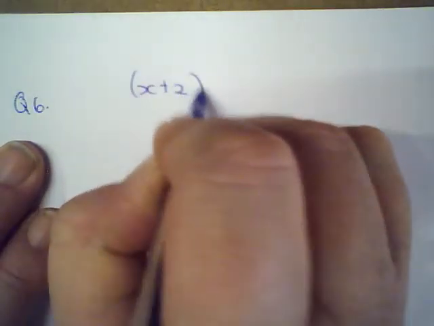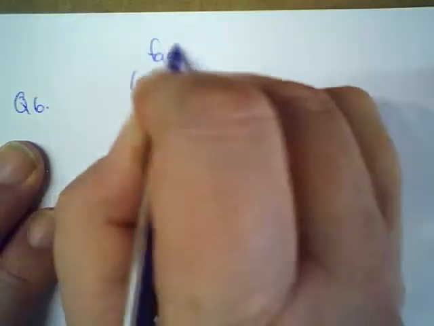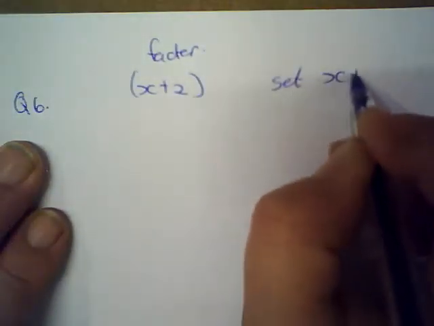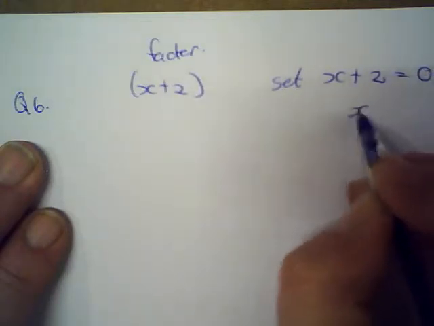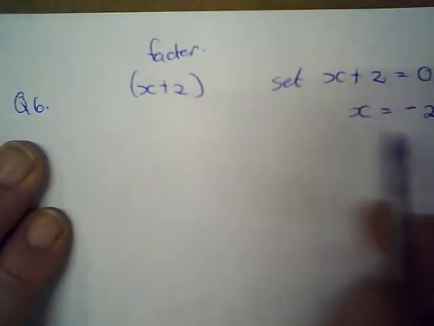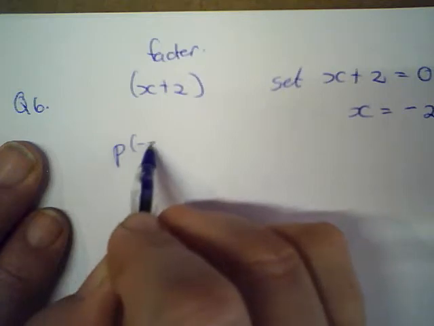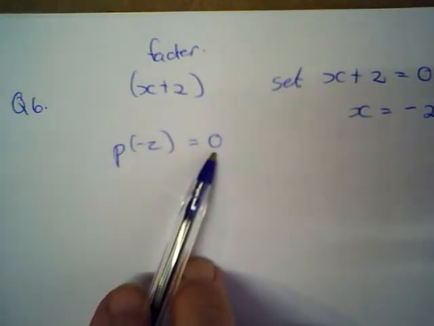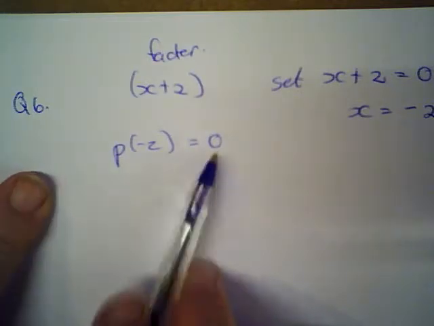So we know that x plus 2 is a factor. I set x plus 2 equal to 0, so x equals negative 2. If I substitute that negative 2 into my polynomial, I will get 0 by the remainder theorem. So we're going to use that principle.